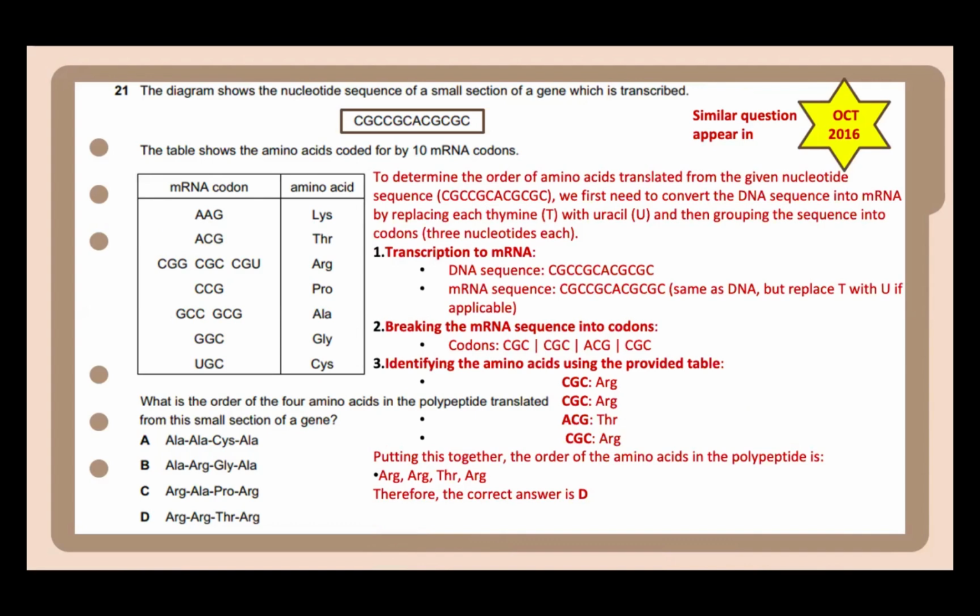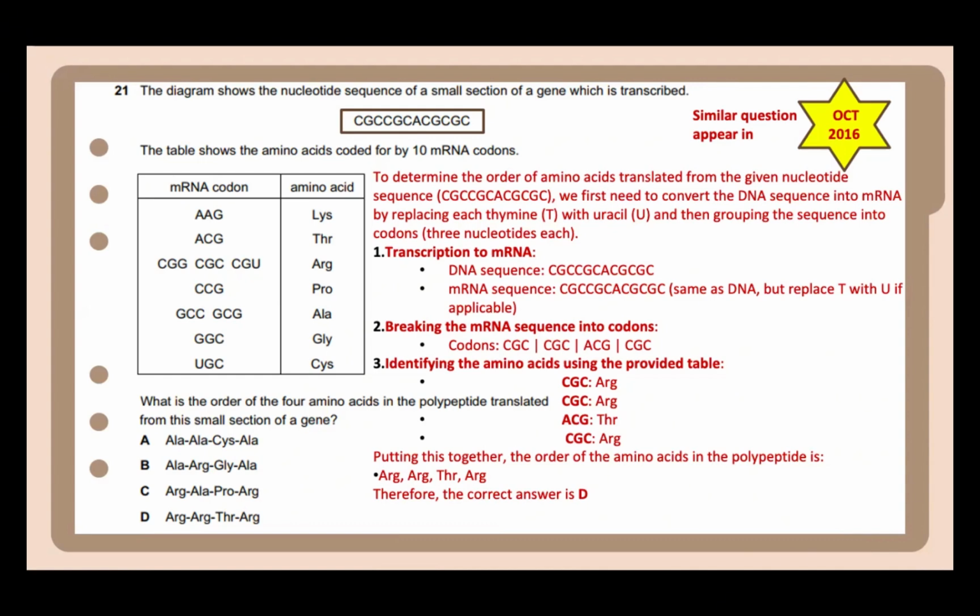To determine the order of amino acids translated from the given nucleotide sequence, CGCCGCACGCGC, we first need to convert the DNA sequence into mRNA by replacing each thymine T with uracil U, and then grouping the sequence into codons of 3 nucleotides each.